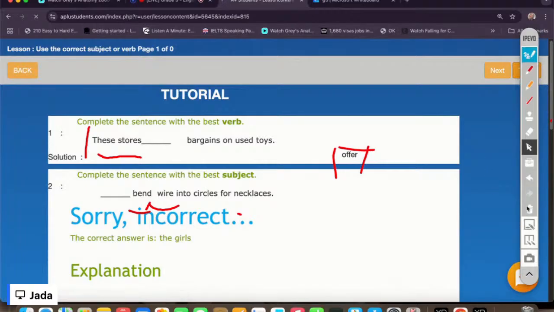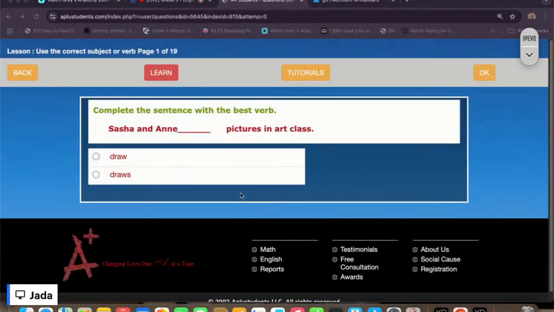You share your answers with me. All right, complete the sentence with the best verb. Sasha and Anne dash pictures in art class. Draw or draws?